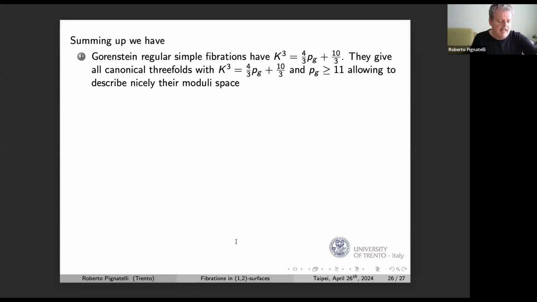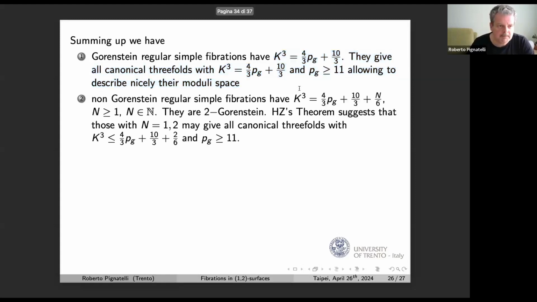And so, summing up and concluding, we have Gorenstein regular simple fibrations when they have volume 4/3 PG plus 1/3. And for PG at least bigger than 11, they give all canonical threefolds with these invariants and allow us to completely understand, with this little gap up to now, the moduli space.